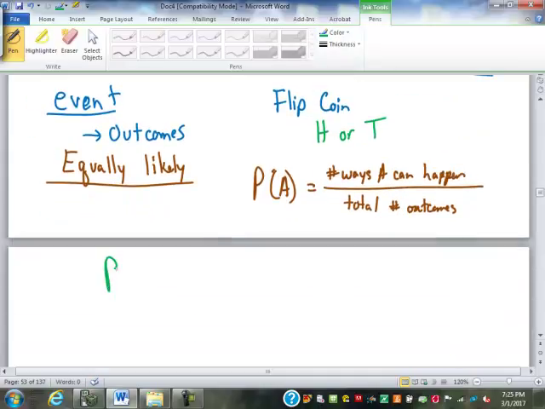So the probability of flipping a coin and getting heads. Well, how many heads are on that coin? One. How many possible outcomes are there? Two. We're going to ignore the extremely unlikely outcome that the coin lands on its side. Very, very, very unlikely. But we're going to ignore that.